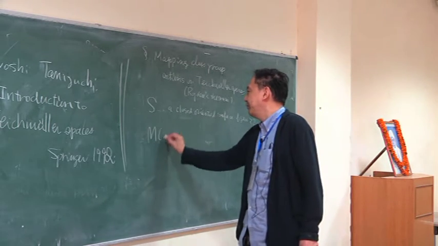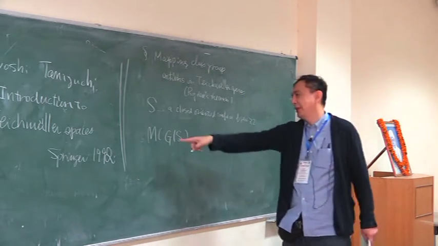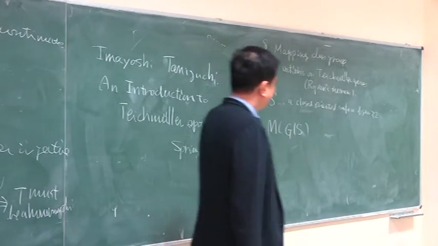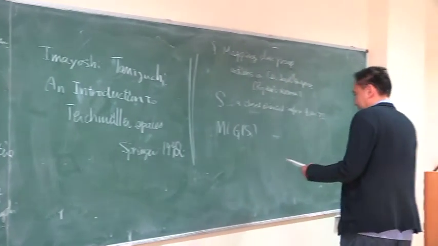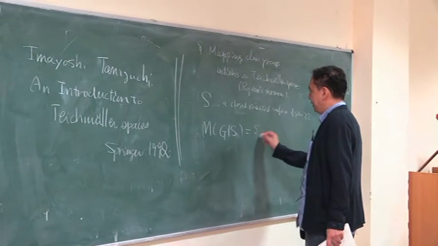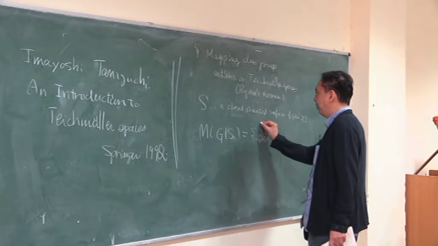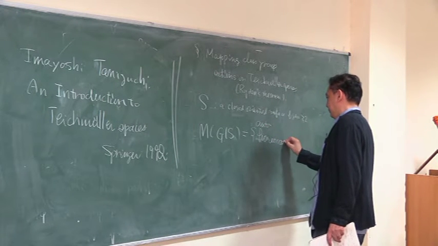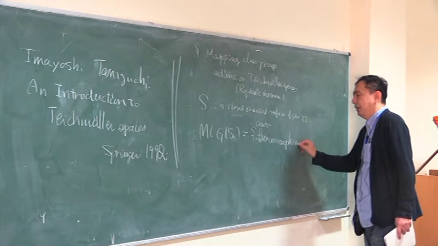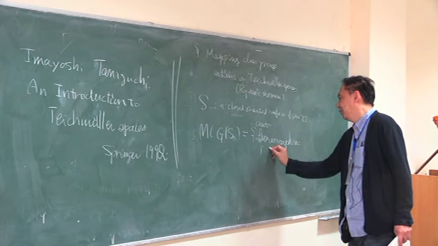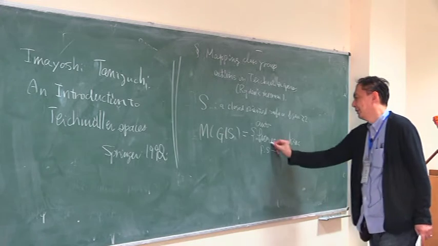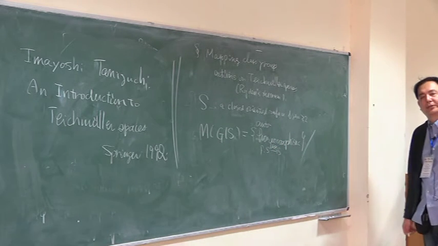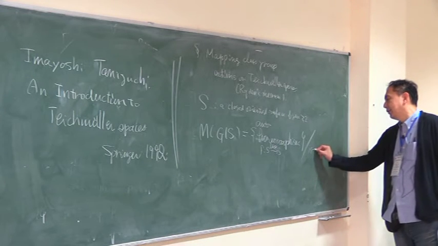Then we consider the mapping class group of S, which is defined to be the set of auto-homeomorphisms, that is, homeomorphisms from S to S, where we identify two homeomorphisms which are isotopic.